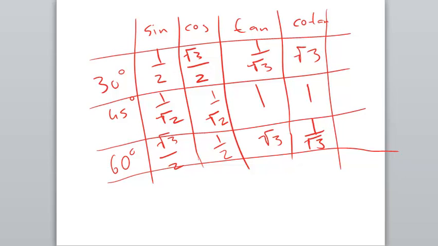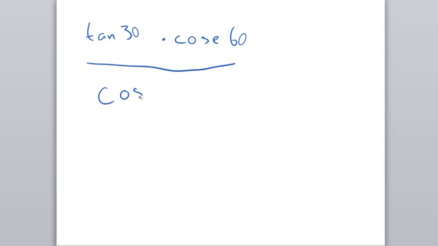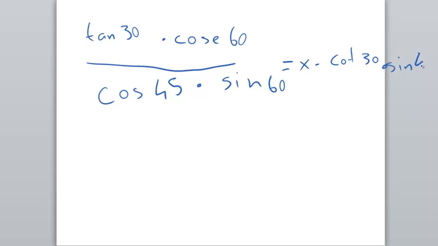So let's solve some questions to understand it better. Okay, the question is: tangent 30 times cosec 60 over cos 45 times sine 60 is equal to x times cotangent 30 times sine 45.